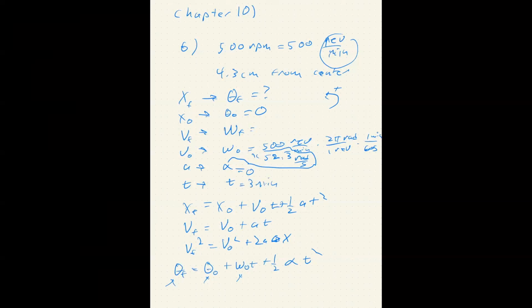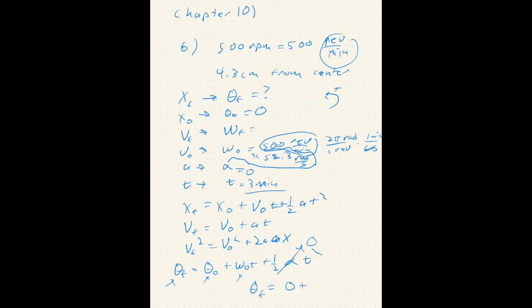Oh, wait a minute. All right, I'll show you something neat. We know alpha. Alpha was 0 because they didn't expressly give us an alpha. So therefore, I could say theta final is equal to 0 plus, now omega naught and T. We did all this conversion to radians per second, but they gave us the time in minutes, and we originally had revolutions per minute.